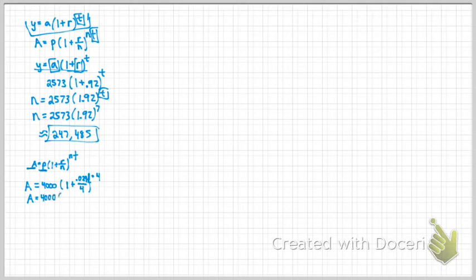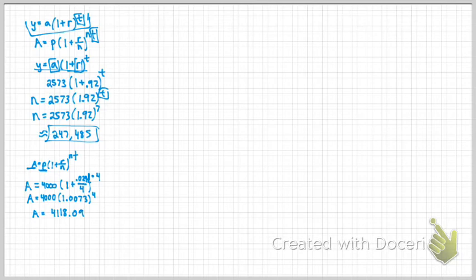Simplifying it just a little bit, you get A is equal to 4,000 times 1.0073 to the fourth. Your final answer is just going to be 4,118.09.